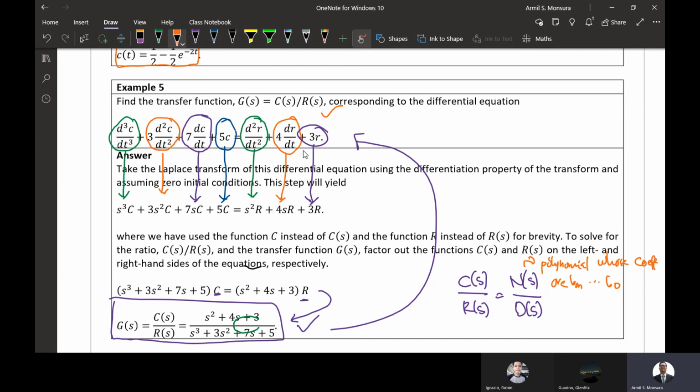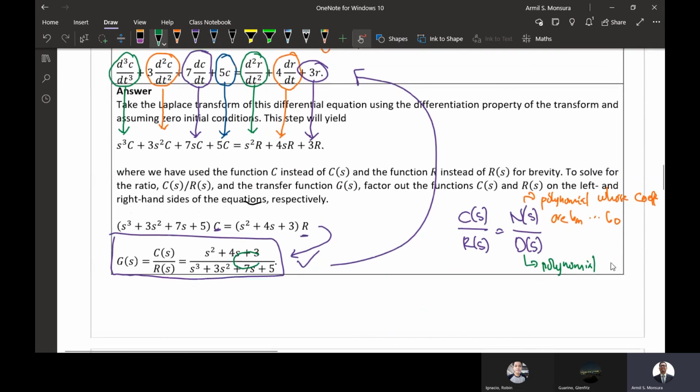That's the numerator. Your denominator is essentially the polynomial whose coefficients are A sub n up to A sub 0. Okay?